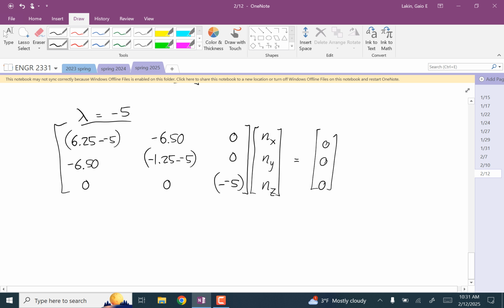And so that says 11.25, -6.50, 0, -6.50, and what's that? Positive 3.75.